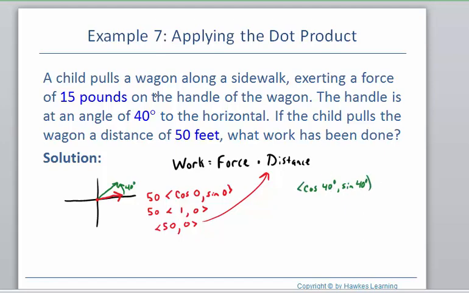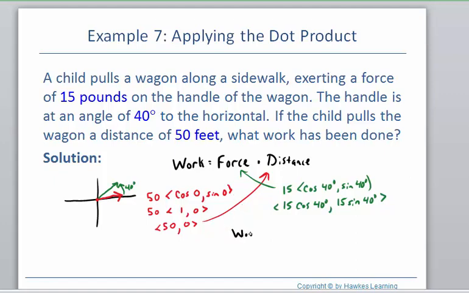And we know that the force that she exerts on the handle of the wagon is 15. Now, this is not necessarily a very nice vector, but this is the vector for the force. So now we just need to distribute our 15. So I'm going to have 15 cosine 40 and 15 sine 40. And we're going to do the dot product of these two vectors, and we should have our answer.